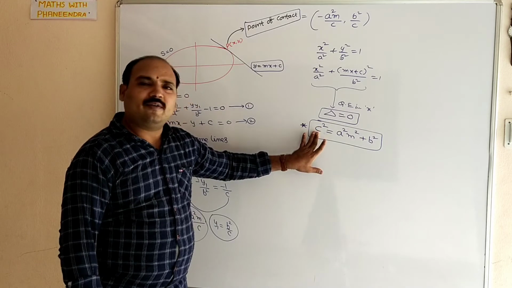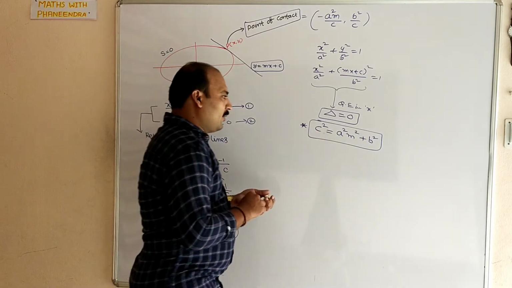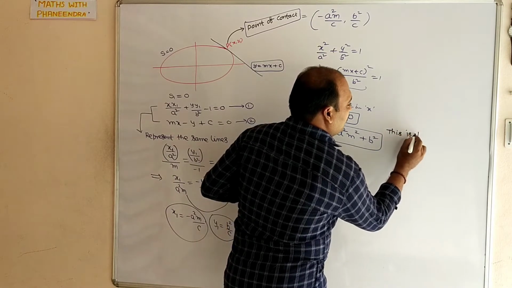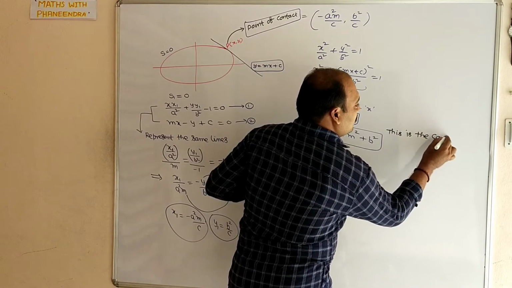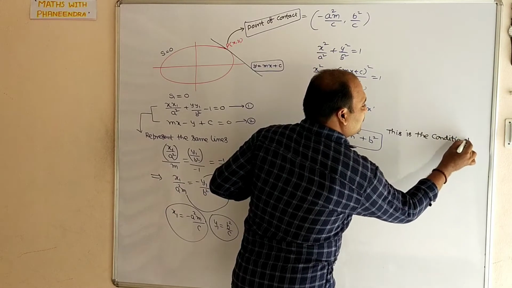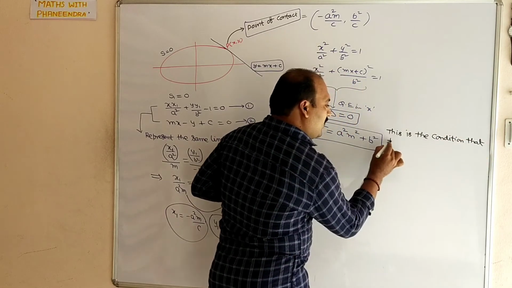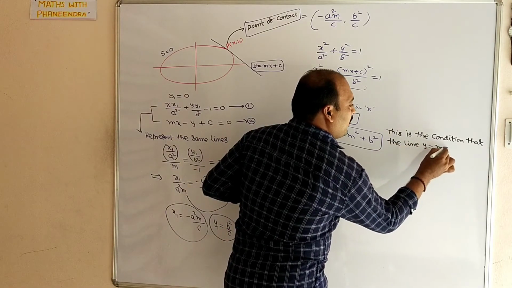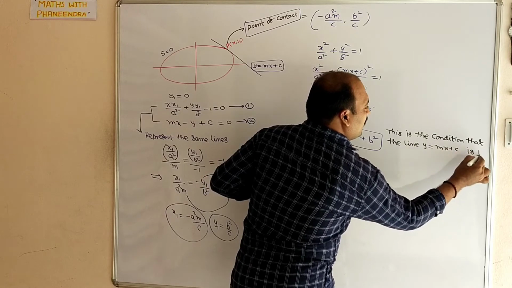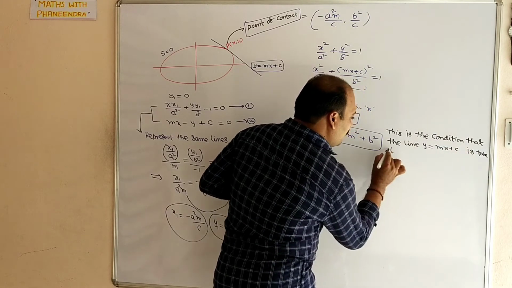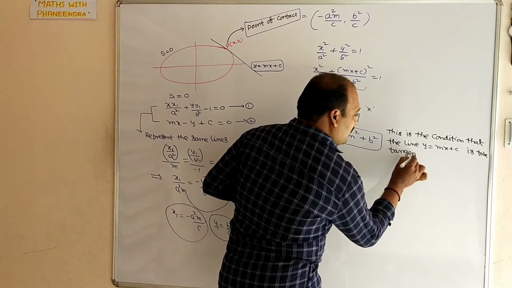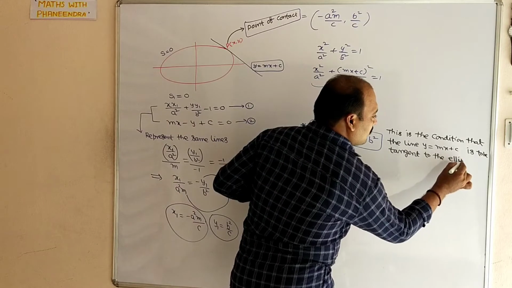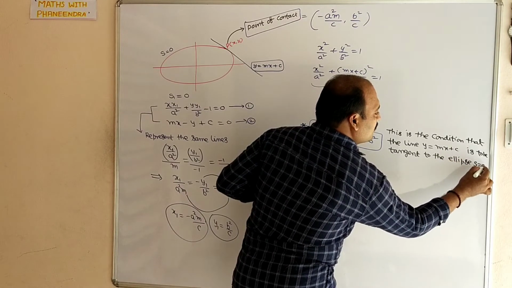After knowing the condition, here I will mention that this is the condition that the line y is equal to mx plus c is to be tangent to the ellipse, S is equal to 0.